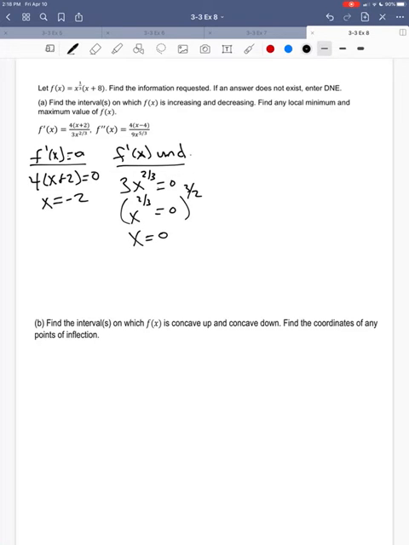And so if I think of this on a number line, we'd have negative 2 here, we'd have 0 here, and we've got some intervals we're going to need to check. So from negative infinity to negative 2, from negative 2 to 0, and from 0 to infinity.